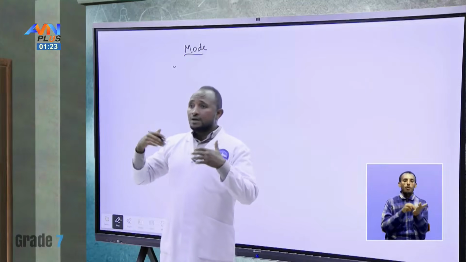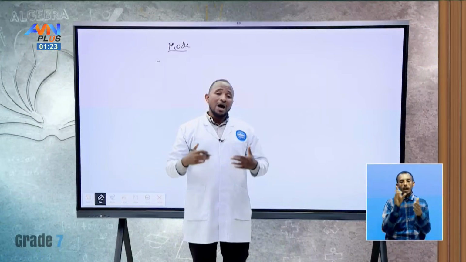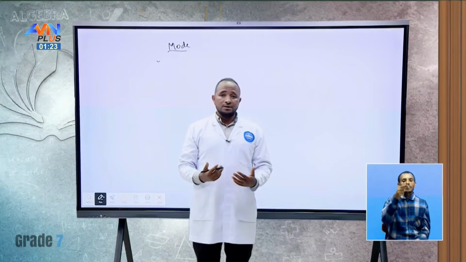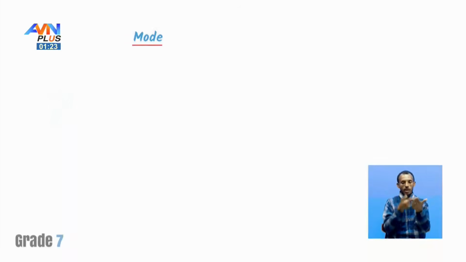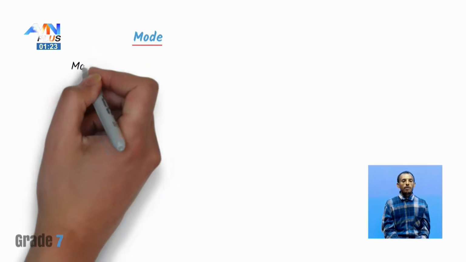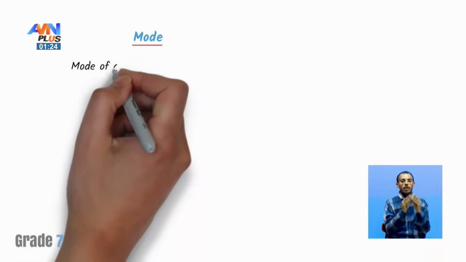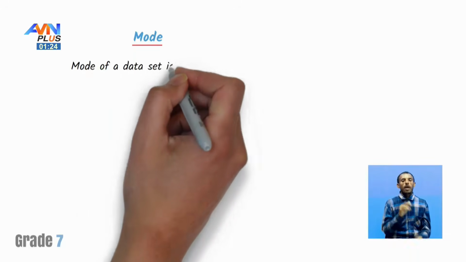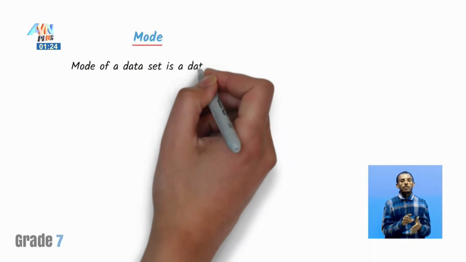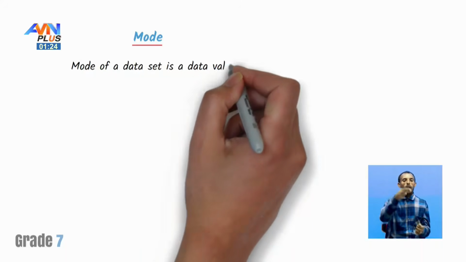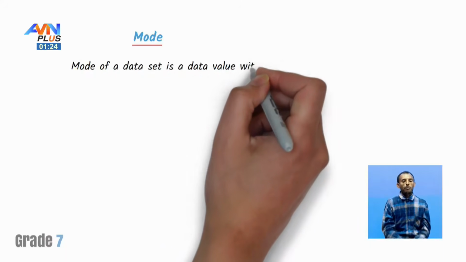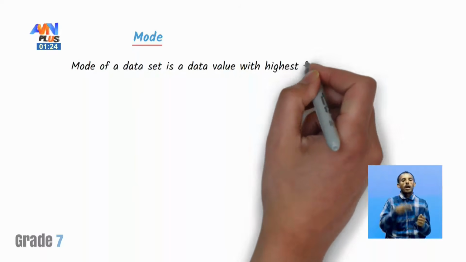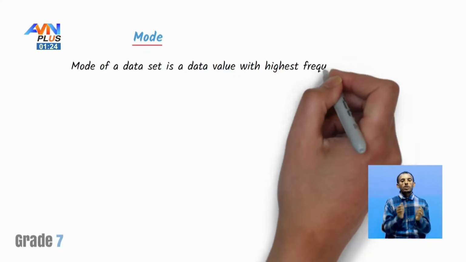Mode of a given data set is the data value with the highest frequency, or highest number of appearance. Therefore, the mode of a data set is the data value with the highest frequency.